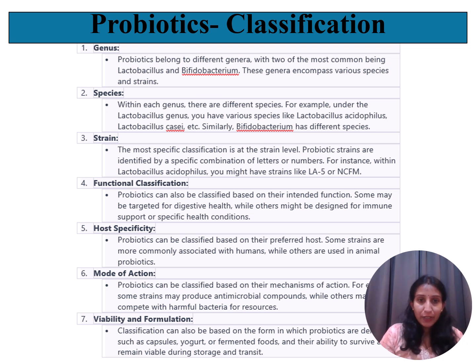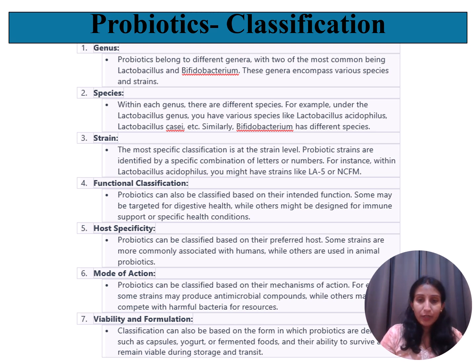So this classification is based on different species. Under the Lactobacillus genus, we might have various species like Lactobacillus acidophilus, Lactobacillus casei, Lactobacillus rhamnosus, and Lactobacillus plantarum. Similarly, for the Bifidobacterium genus or Enterococcus genus, we might have different species.